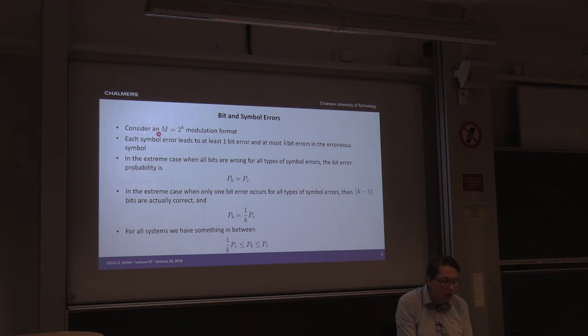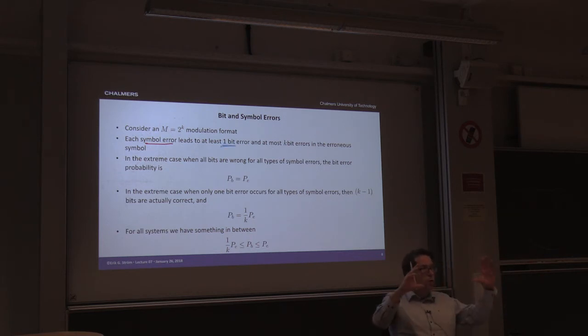Well, if we consider a modulation format where we have M symbol alternatives, that is 2 to the power of k, where k is the number of bits, then if we have a symbol error, what can we say? We have at least 1 bit error, right?